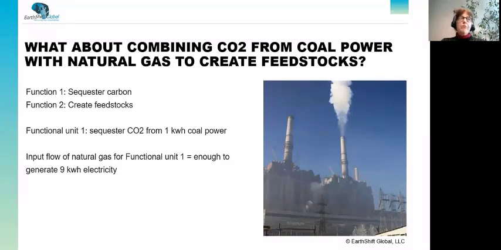So even though this was feasible and yeah, we could do it, in fact, it would have been more effective to build a natural gas facility next to it, just get rid of the coal, and you would reduce the emissions a lot faster and a lot easier. So it was a very quick assessment of this potential use of their technology that really quickly showed them, don't go here, put your efforts elsewhere.